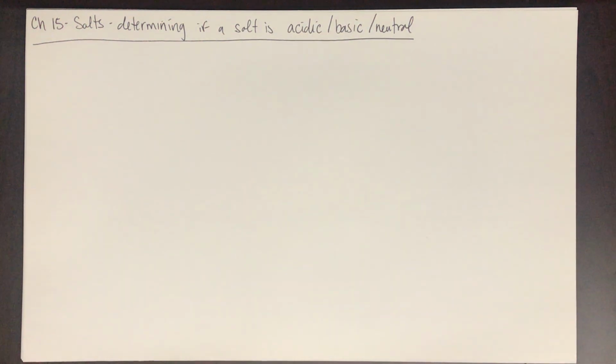Okay, so let's talk about salts and more practice on determining if a salt is acidic, basic, or neutral. So I'm just going to write down a few salts and then we will determine if they're acidic, basic, or neutral.